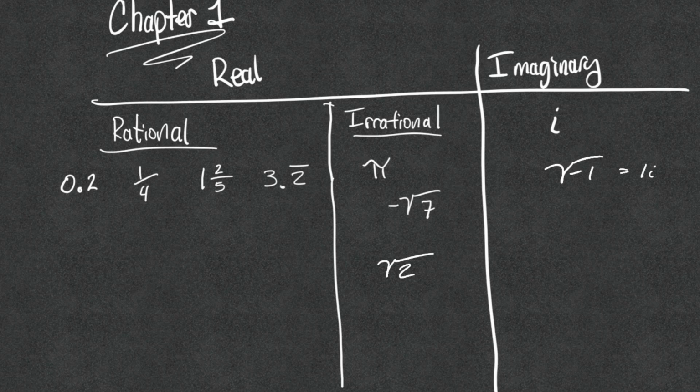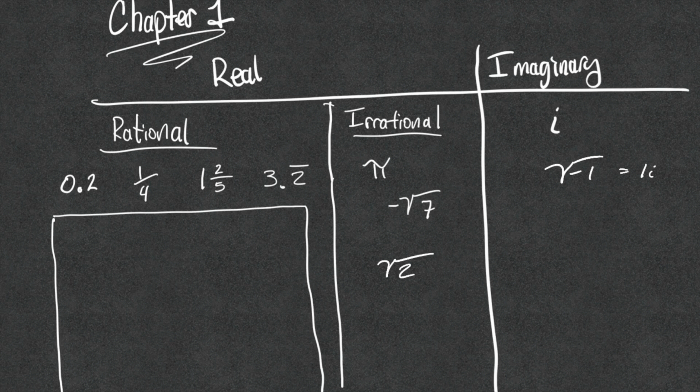But within the rational numbers, we have a grouping that we call integers. Integers will include your -3, -2, -1, 0, 1, 2, 3, and then infinitely in either direction on the number line.